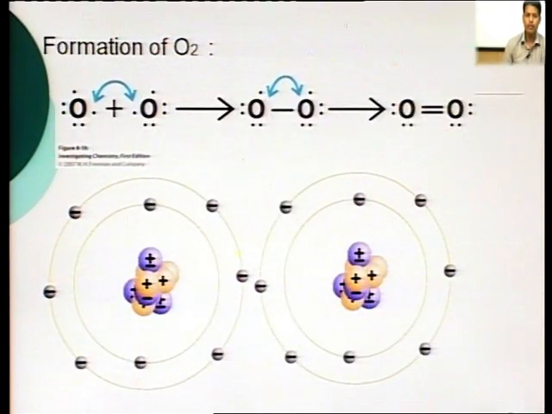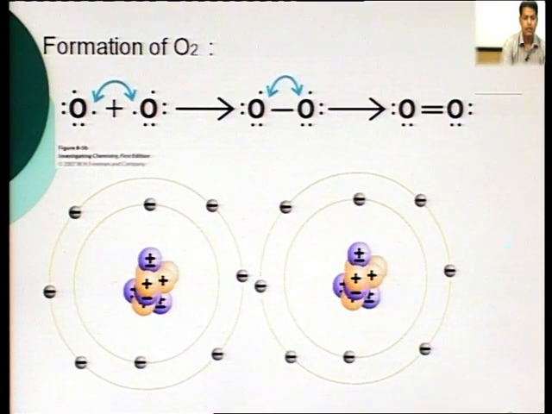Another example is the formation of oxygen molecule. In oxygen there are 8 electrons, and in the valence shell there are 6 electrons. 2 electrons are half filled, and they join together, sharing these 2 electrons of each oxygen to form the oxygen molecule.